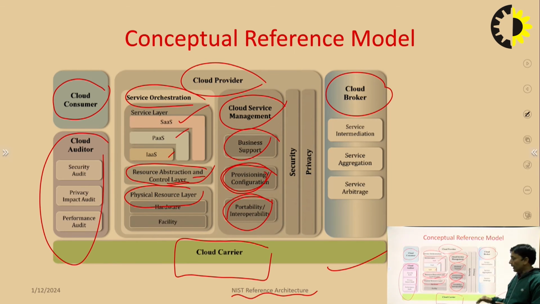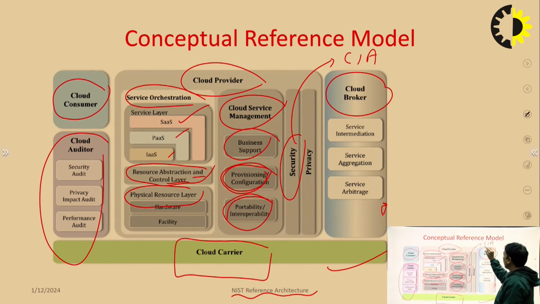They have to manage this, and their major role is to maintain security as well as privacy. As we know, when we talk about security, what does it mean? Security means you have to ensure three things: CIA, confidentiality, integrity, and availability.